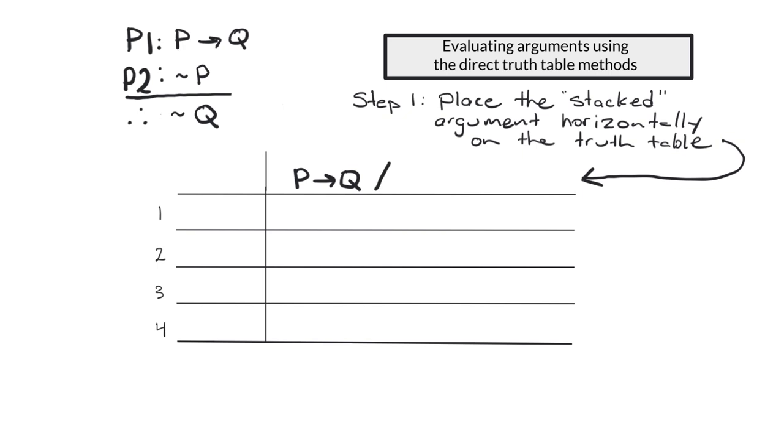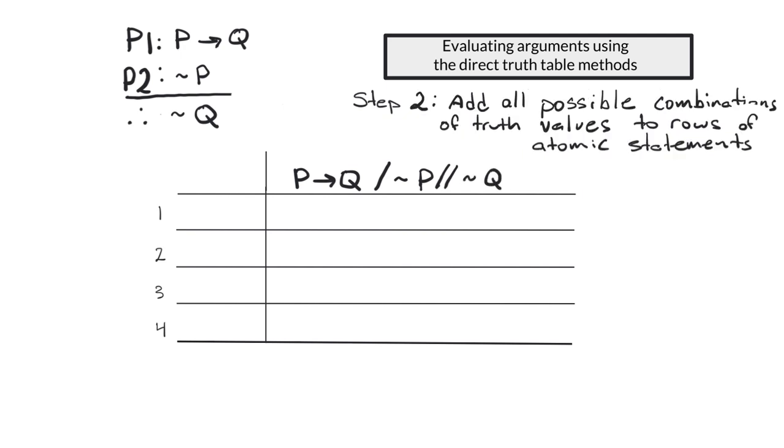And then we put premise two down, which is tilde P. It's not the case P, whatever P stands for. And then we're ready for the conclusion. And the conclusion, as we learned, is separated by two slash marks. And then we just take the conclusion, which is tilde Q, or it is not the case Q, and we put it right next to those two slash marks.